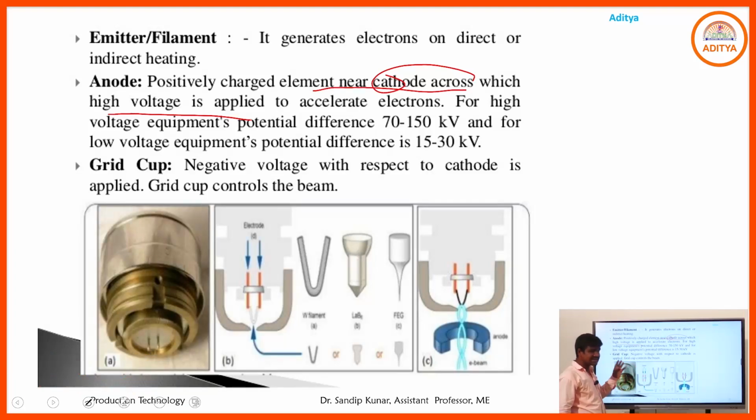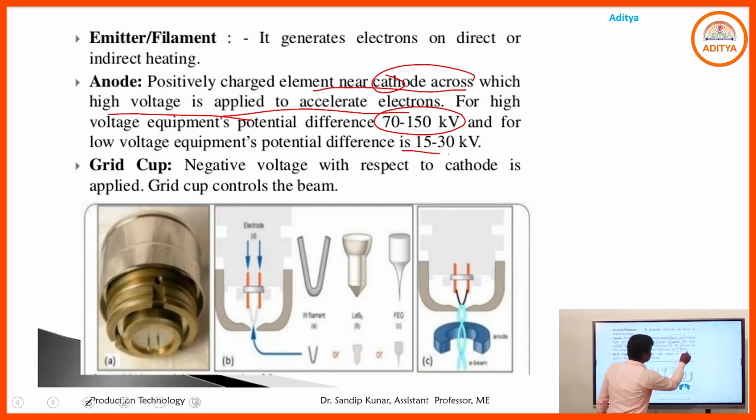So when the electron beam is generated, that anode helps the electron beams flow at very high acceleration. For higher voltage, the potential difference we apply is near about 70 to 150 kilovolt, and for low voltage equipment, the potential difference is near about 15 to 30 kilovolt.